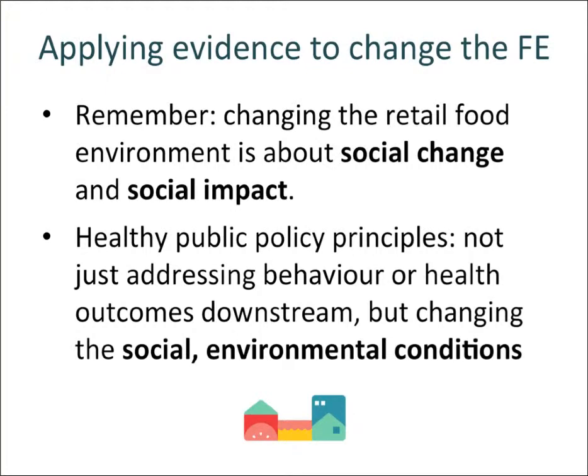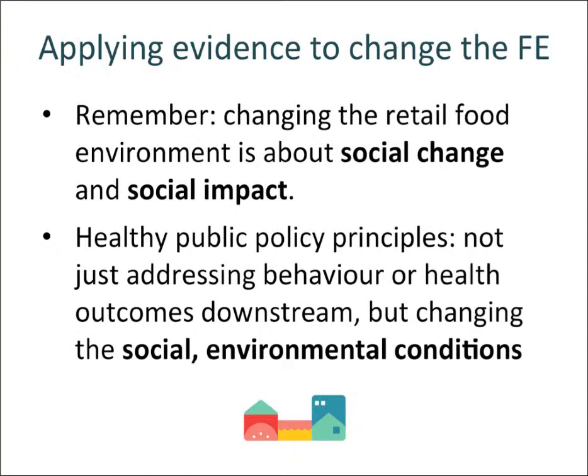So again, when we're thinking about the retail food environment, what we're really doing is talking about social change. When we're talking about introducing beautiful fresh fruits and vegetables into a corner store in a rural area, what are we actually doing there? It's not only about health, it's actually about changing people's lives and relationships in that community.